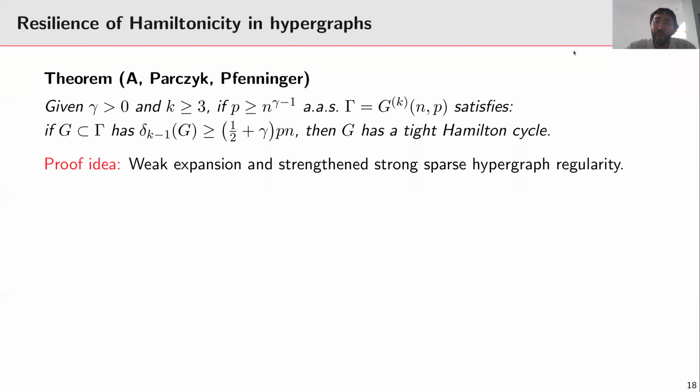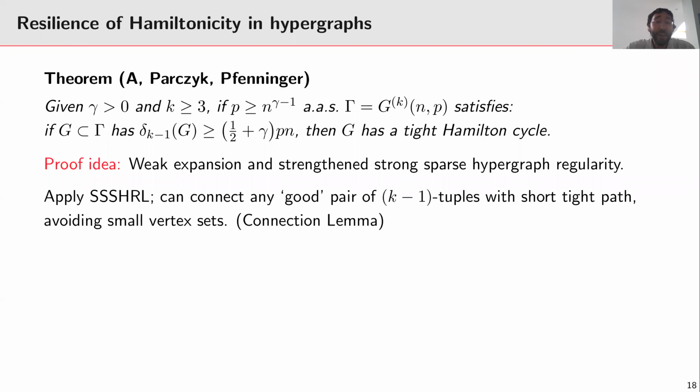And the proof strategy here is similar. So again, we use this idea of weak expansion being beaten by a strengthened version of the strong sparse hypergraph regularity lemma. Yeah, if anyone has a snappier name for this, please say, it would be nice. But the idea otherwise is very much in the way that a lot of proofs in resilience in this area go.